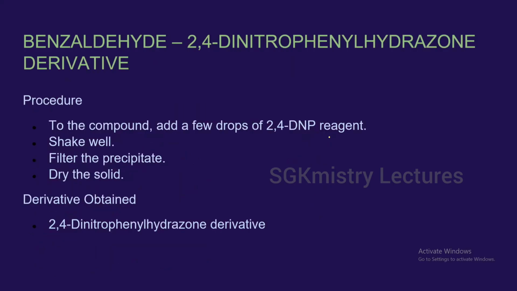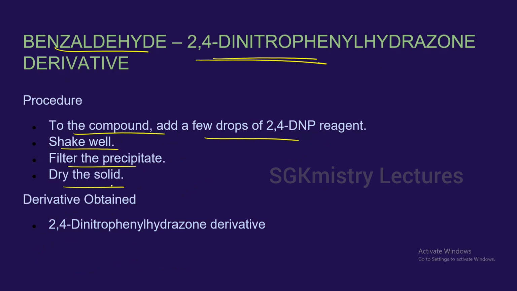Next, suppose benzaldehyde or acetophenone is given to you, then we are going to prepare the 2,4-dinitrophenyl hydrazone derivative. To the compound, you're going to add a few drops of 2,4-DNP reagent, and then shake well. Whatever precipitate or crystals are formed, you're going to filter the precipitate, then dry the solid and keep it for inspection.